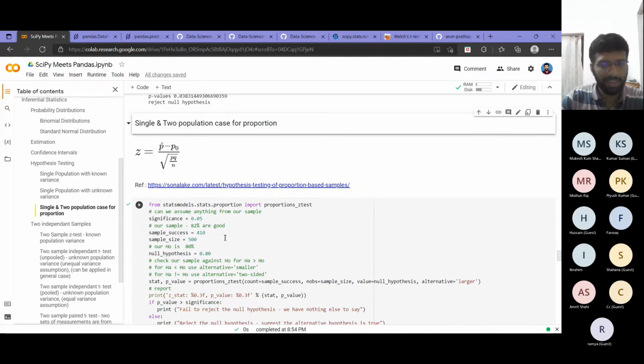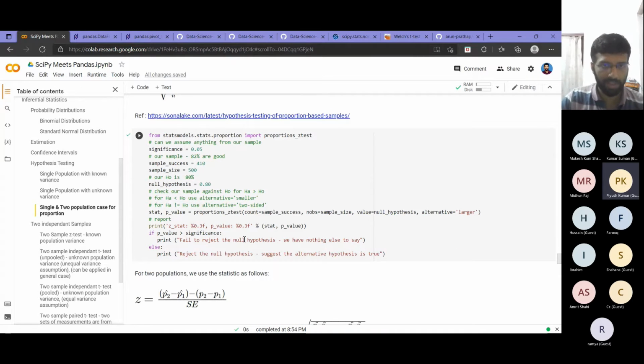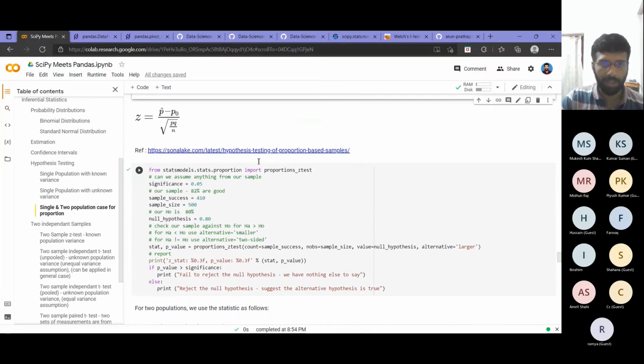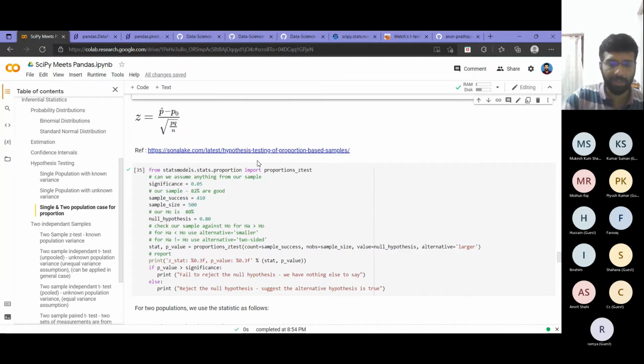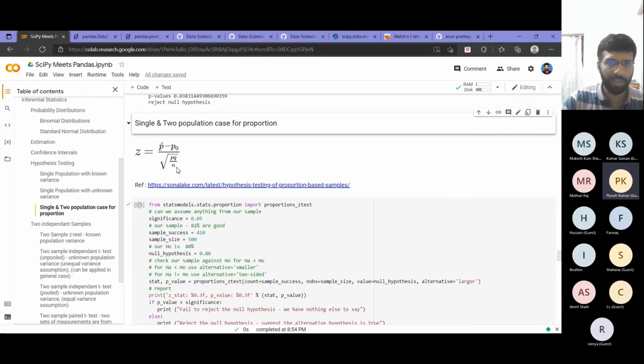You need not learn this because I just put it here for completeness. I don't think it will come for our exam. Even if it comes, that will be a simple thing that you may be able to do with a calculator, because this equation you can directly use the functions that we learned earlier.